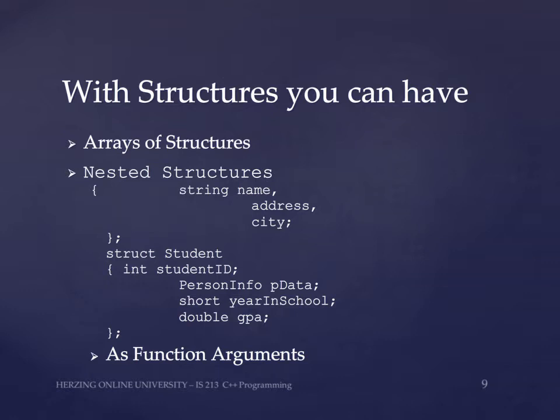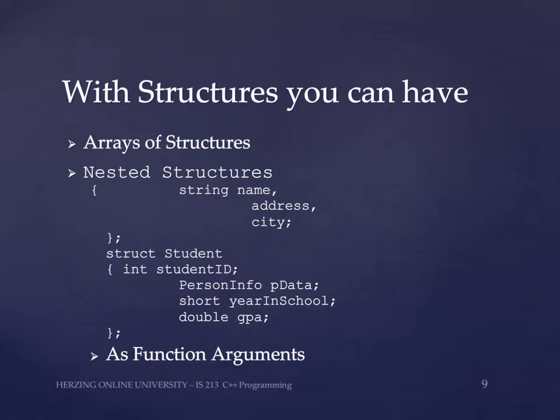And then a structure can contain another structure as a member. So if you have a struct person name with string name and address city, and struct student with student ID, personal information, years in school, and GPA, you can have structures within another structure as a member of that structure. For members of nested structures, you use the dot operator multiple times to refer to fields of nested structures.